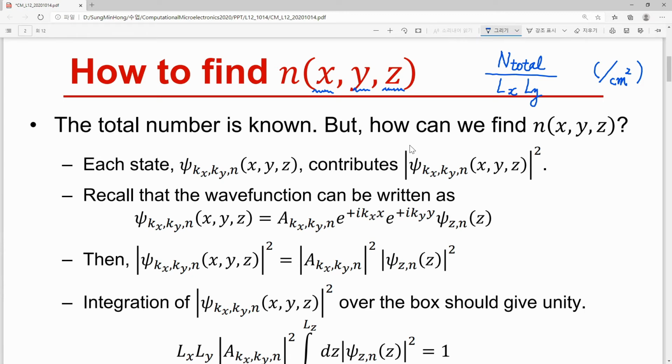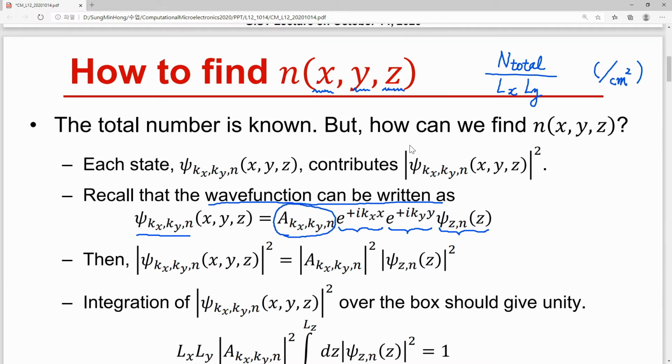Recall that the wave function can be written in this form. So here the wave function is given by a plane wave along the x direction and a plane wave along the y direction and a confined wave function along the z direction. Of course, we have a certain coefficient, the normalization constant.